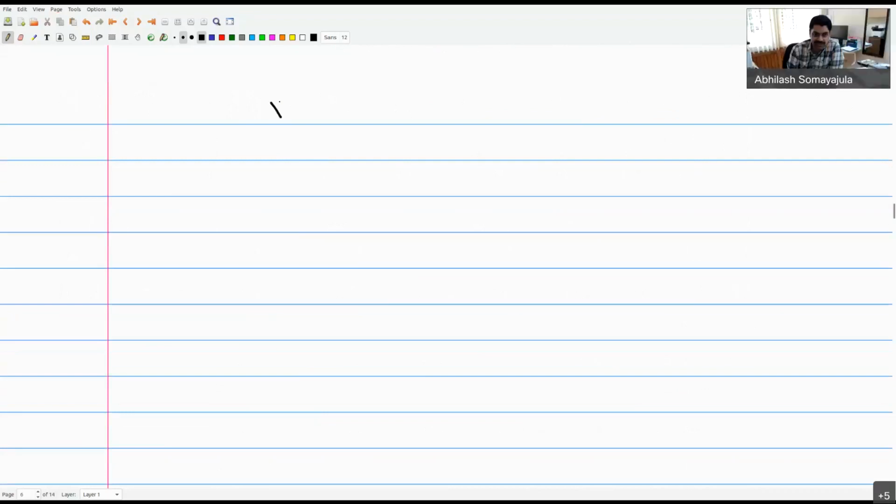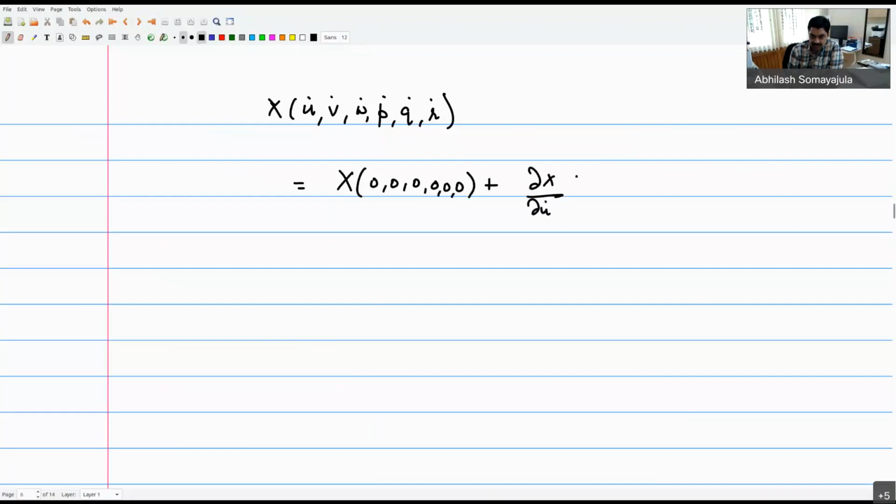If the inertia force due to the fluid is a function of u dot, v dot, w dot, p dot, q dot, r dot, then I can write this as a Taylor series expansion: the value when these accelerations are 0, plus del X by del u dot times u dot, plus del X by del v dot times v dot, and so on and so forth, isn't it?